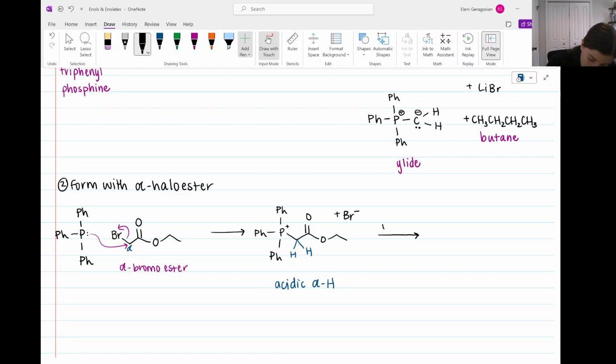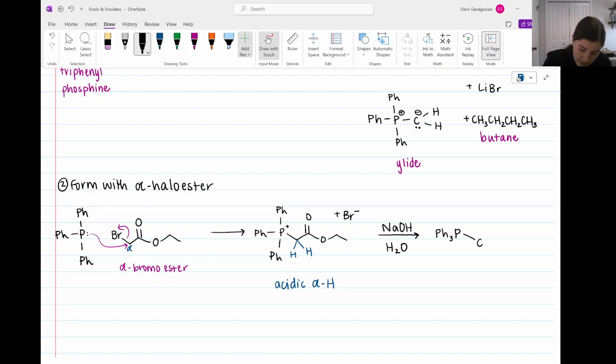So we can use something like sodium hydroxide in water, because these are slightly acidic hydrogens, and we will have, I'm going to abbreviate now and just do Ph with a subscript 3 to represent the 3 phenyl rings bonded to phosphorus.